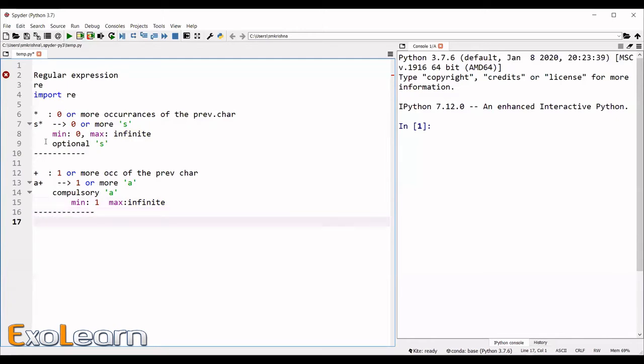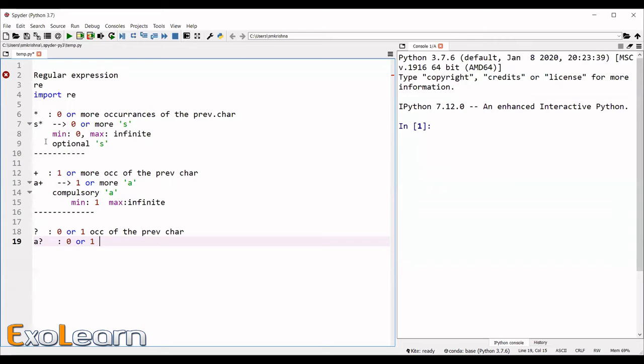And then question mark. Question mark gives the meaning of 0 or 1 occurrences of the previous character again. Suppose I am saying a question mark. It means if no a is present in the input also fine. But if it is present, maximum it should be present for one time only, not more than one.